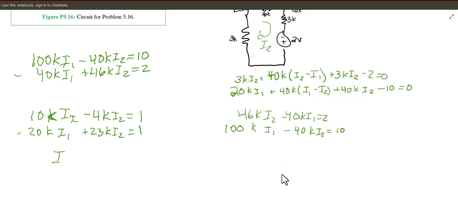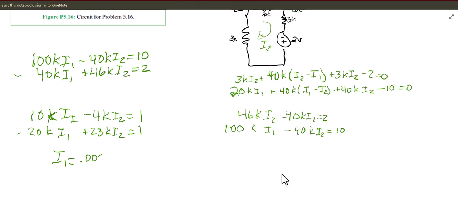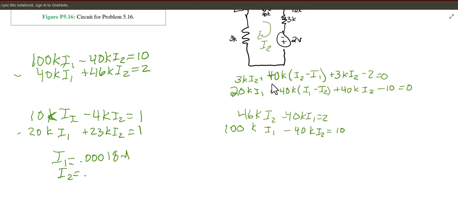So I1 equals 0.00018 amps, and I2 equals 0.0002 amps, which is the same as 0.18 milliamps and 0.2 milliamps, which doesn't look as bad.